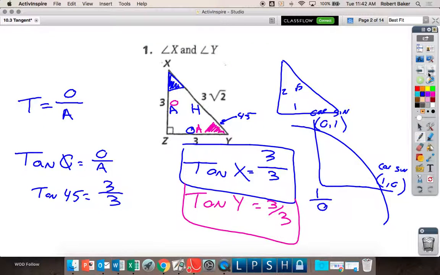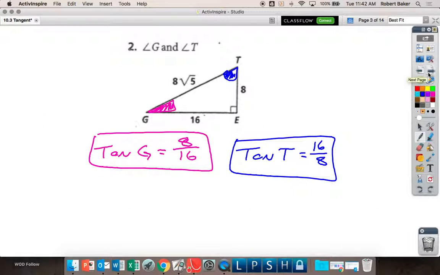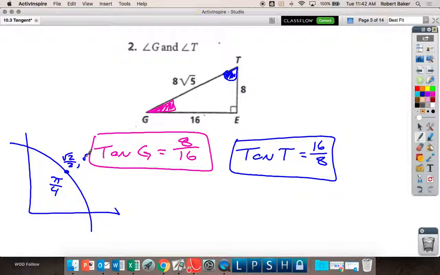If I was going to do the tangent of pi over 4, that is the location square root of 2 over 2. So the tangent of pi over 4 is 1. It's just corresponding.